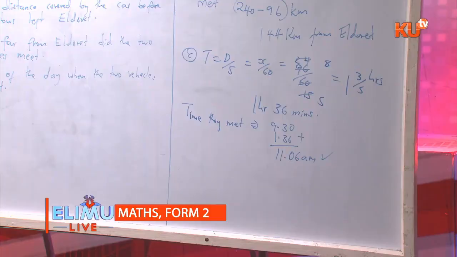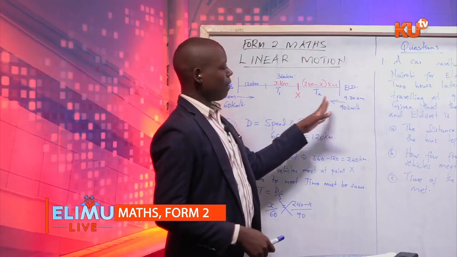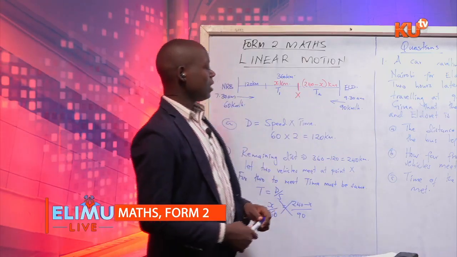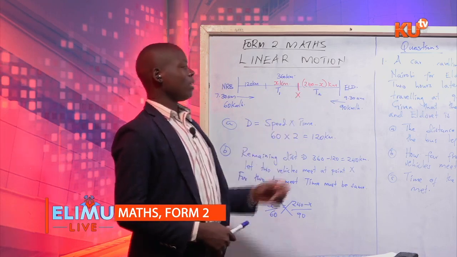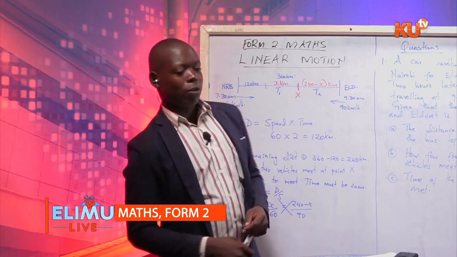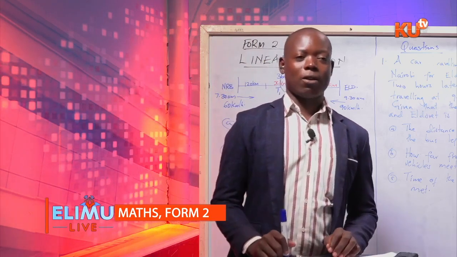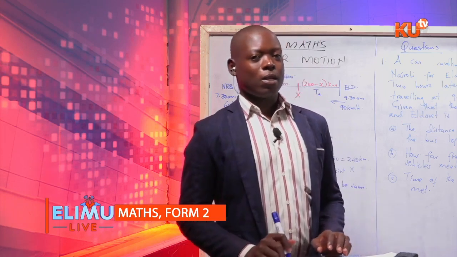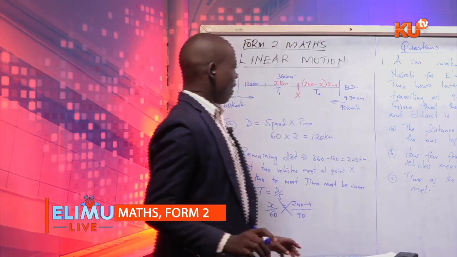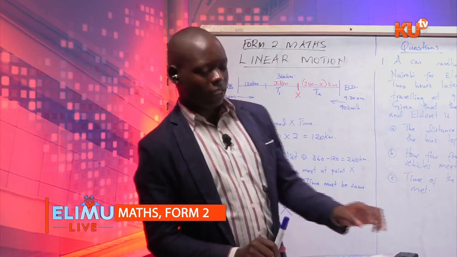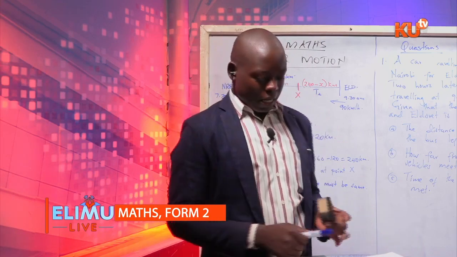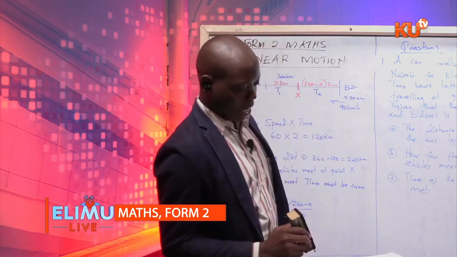And that means the bus had covered 1 hour 36 minutes for them to meet at the point X, which was 144 kilometers from Eldoret. I hope that is clear. That is for two objects that are moving in opposite directions.